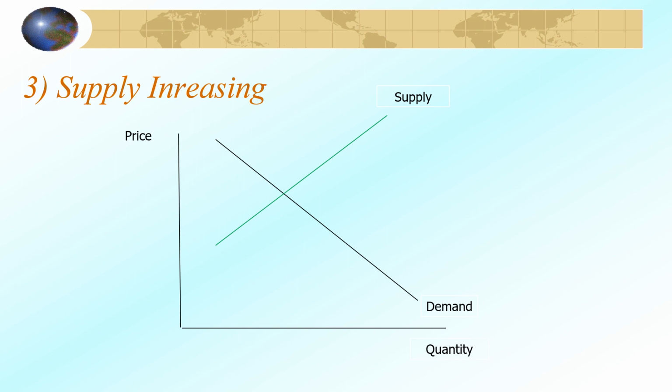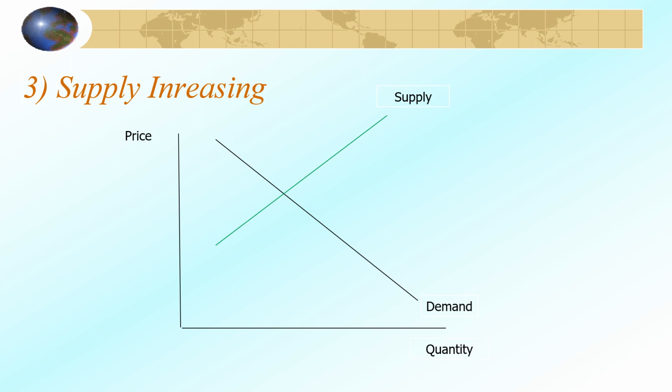Now, usually these increases or decreases in supply come from either changes in technology or changes in the prices of factor inputs. So think, for example, let's look at pizza, because I often use that example, because everybody likes pizza.